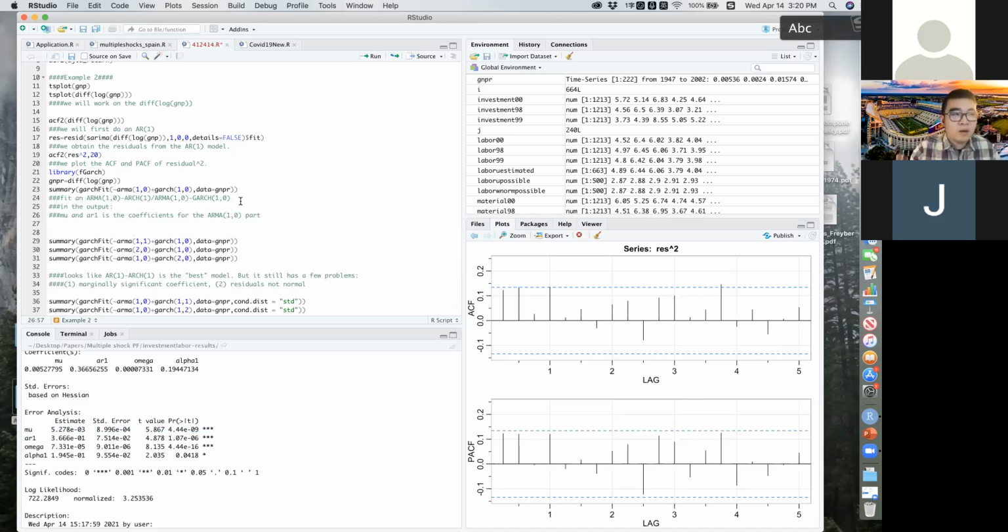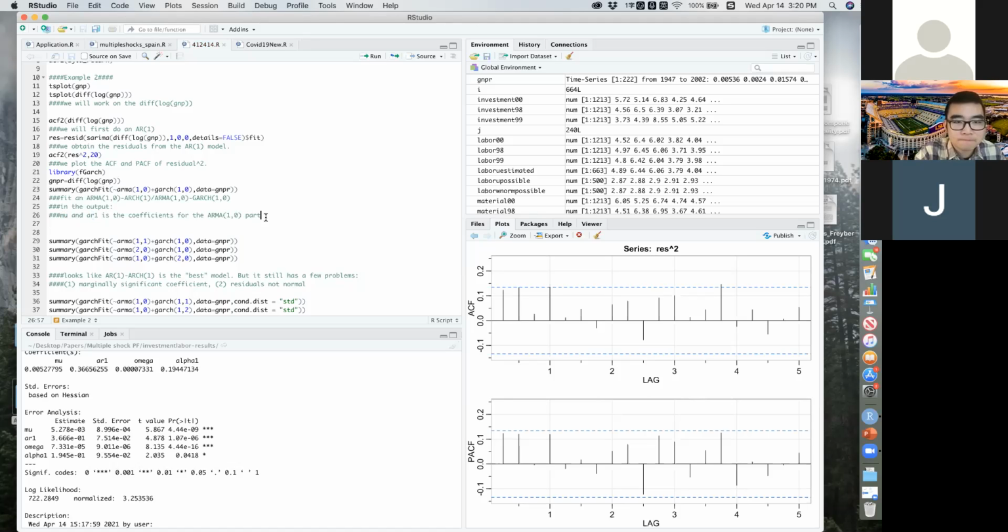In the ARMA(1,0) model, we have alpha 0 plus alpha 1 times r t minus 1. So this mu is just alpha 0. I don't know why it calls it mu, maybe because it is the mean of the regression. The mu is just alpha 0, and this AR1 is the coefficient of the AR1 term.